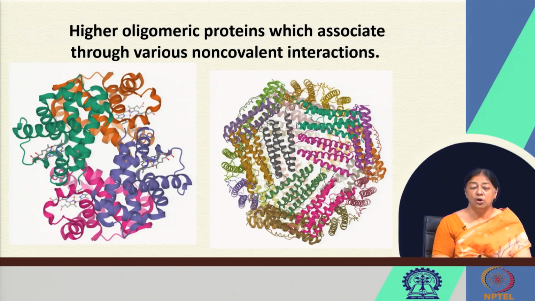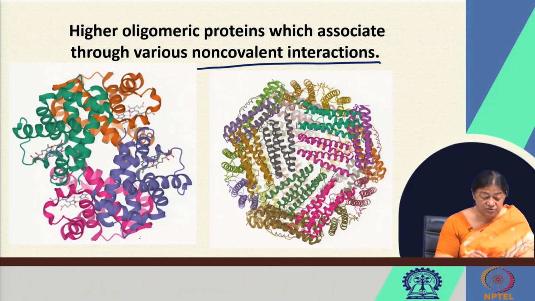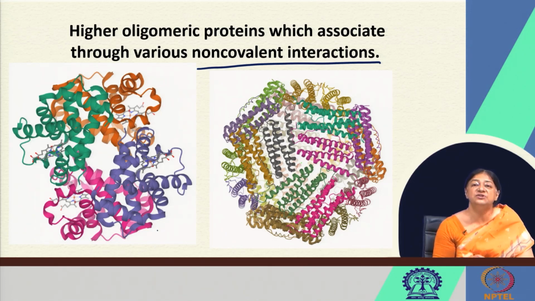When we look at higher oligomeric proteins, which associate through various non-covalent interactions which are extremely important, the structure on the left is the structure of hemoglobin. Hemoglobin is a tetrameric protein. It has four subunits, four monomeric units. Two of them are alpha and two of them are beta chains. So, it is an alpha 2 beta 2 tetrameric protein.